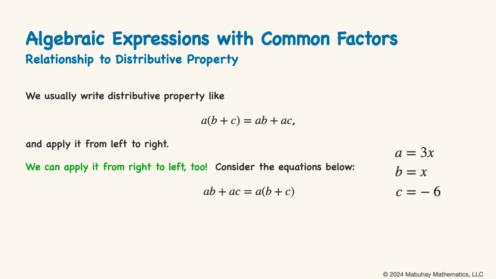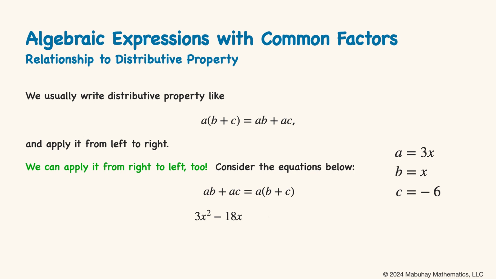Now we make these substitutions into this reflected version of the distributive property. What's A times B? That's 3x times x, which is 3x squared. What's A times C? That's 3x times negative 6, which gives us minus 18x, and that's the left side, AB plus AC.